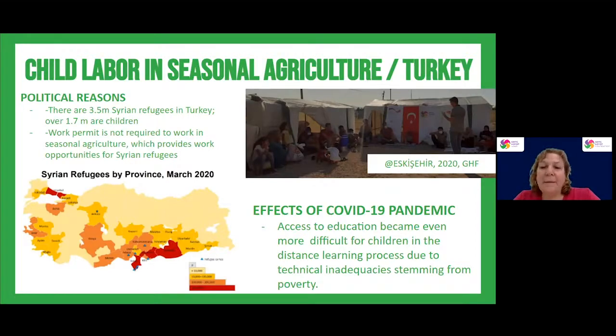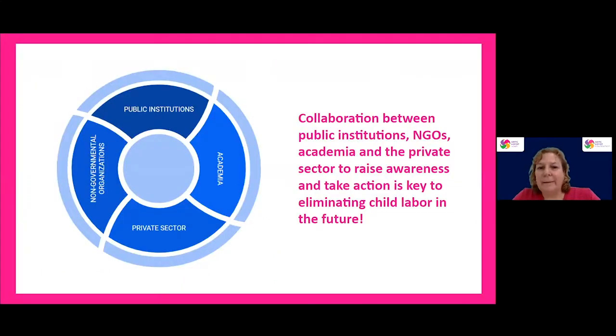But on the other hand, because the education system in Turkey was distance learning, most of the workers' children couldn't get the internet, they couldn't get the laptops or telephones or tablets, so they didn't have the education. So it was very difficult for them.